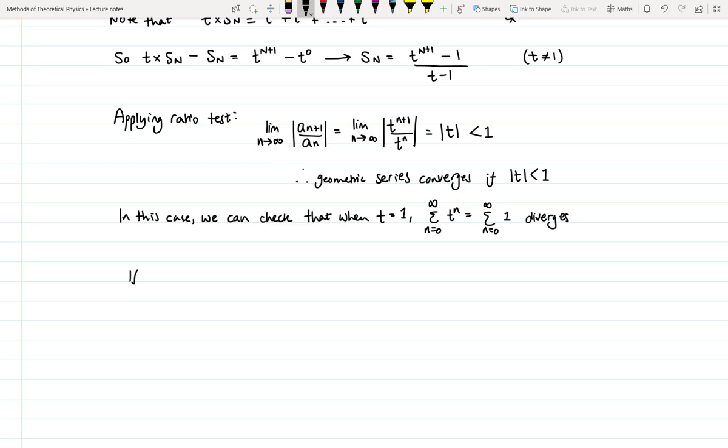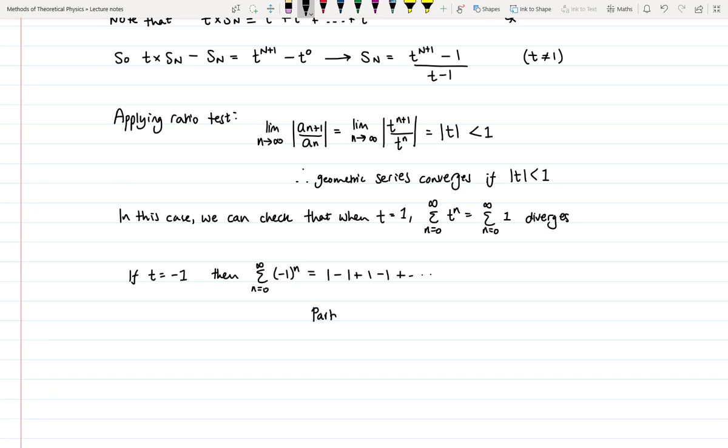On the other hand, if t equals minus 1, then the series gives us the sum from n equals 0 to infinity of minus 1 to the n. In other words, 1 minus 1 plus 1 minus 1, and so on.